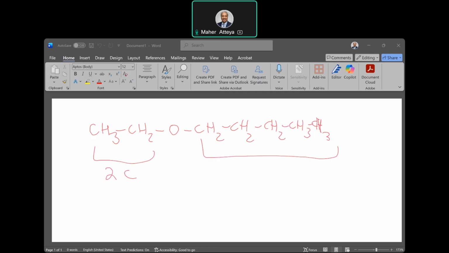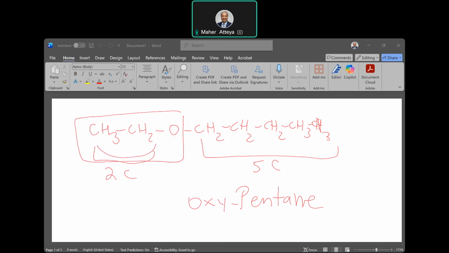And here we have 1, 2, 3, 4, 5. 5 carbons. So the longest chain is 5, and that is pentane. Correct? And this one here, remember there's an oxy. This is an ethyl group, so ethoxy, not ethyl oxy. Ethoxypentane. Okay, guys?